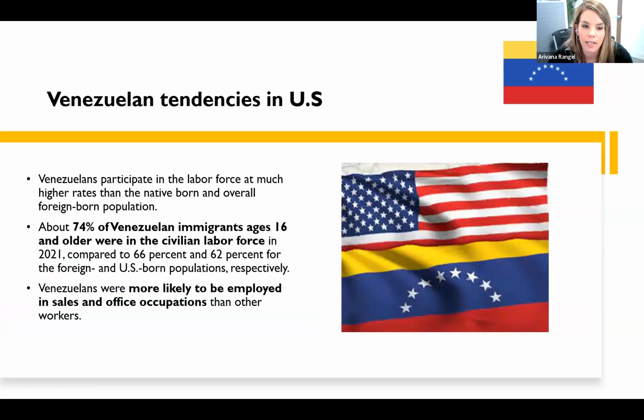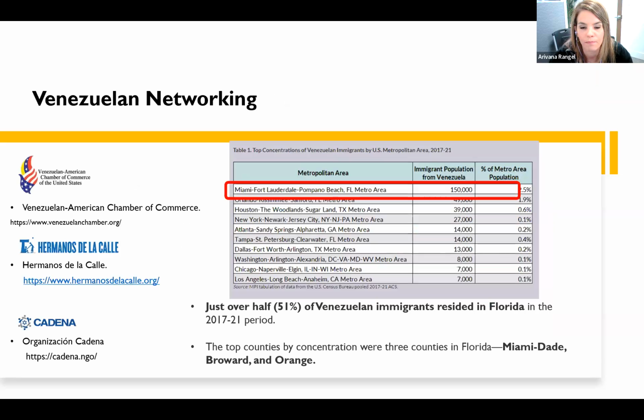Another tendency is that Venezuelans participate in the labor force at much higher rates than the native born and the overall foreign born population. About 74% of Venezuelan immigrants ages 18 and older were in the civilian labor force in 2021. And Venezuelans were more likely to be employed in sales and office occupations, and of course, other roles as well.